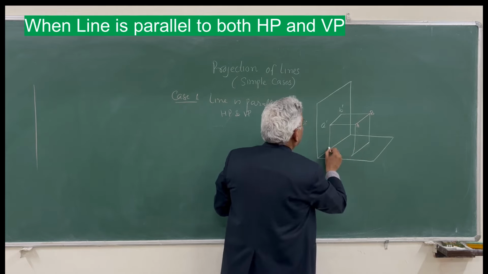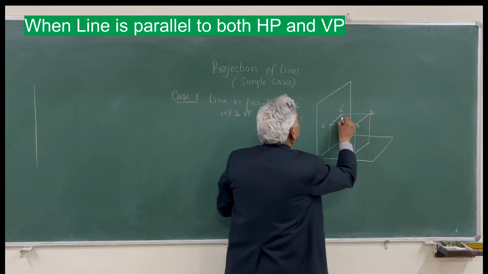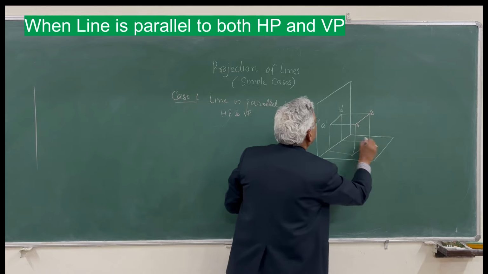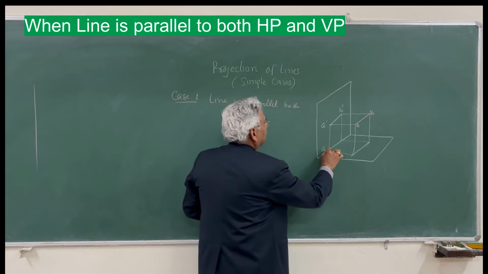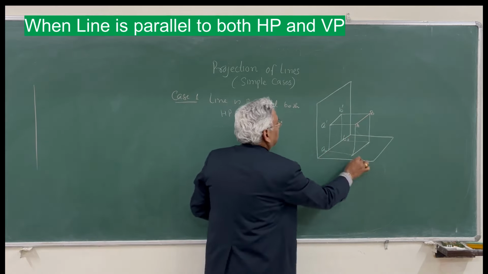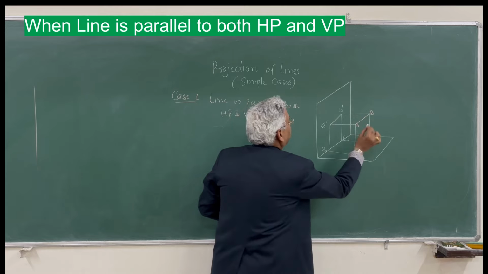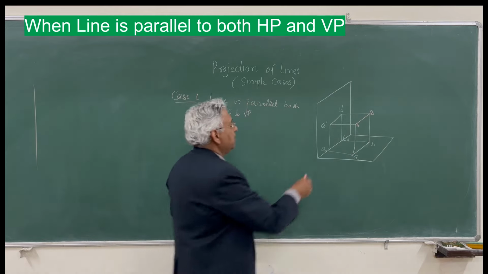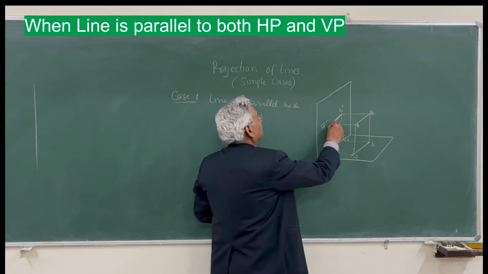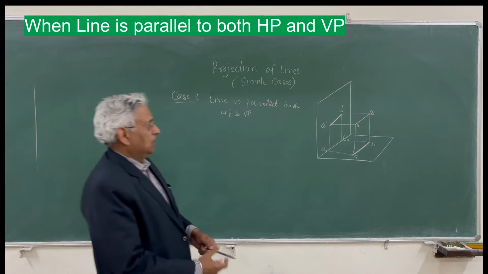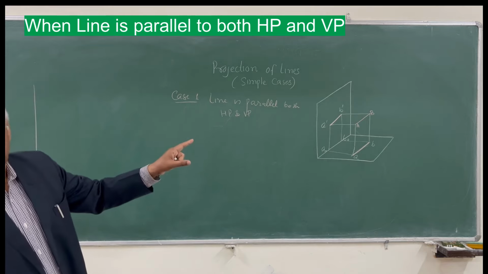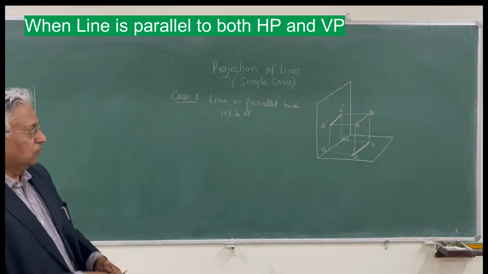If you complete this, you get these ground points, A0 and B0. Here A dash B dash is the elevation of the line and AB is the plan. Both are parallel to the ground line.